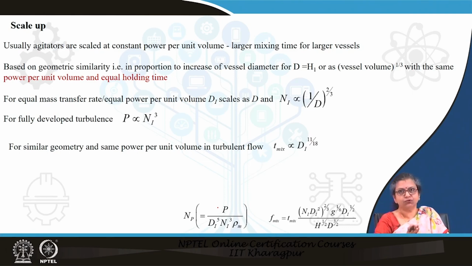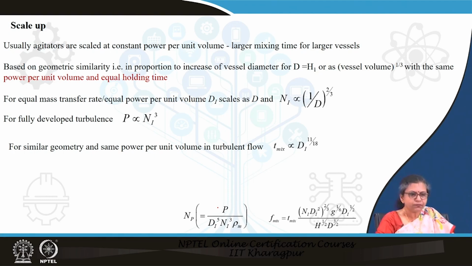now, as I have told you, in order to find out the total volume or the diameter of the column, we needed to find out the holding time. To find out the holding time, we needed some idea regarding the mass transfer coefficient and the interfacial area, which is usually not available.